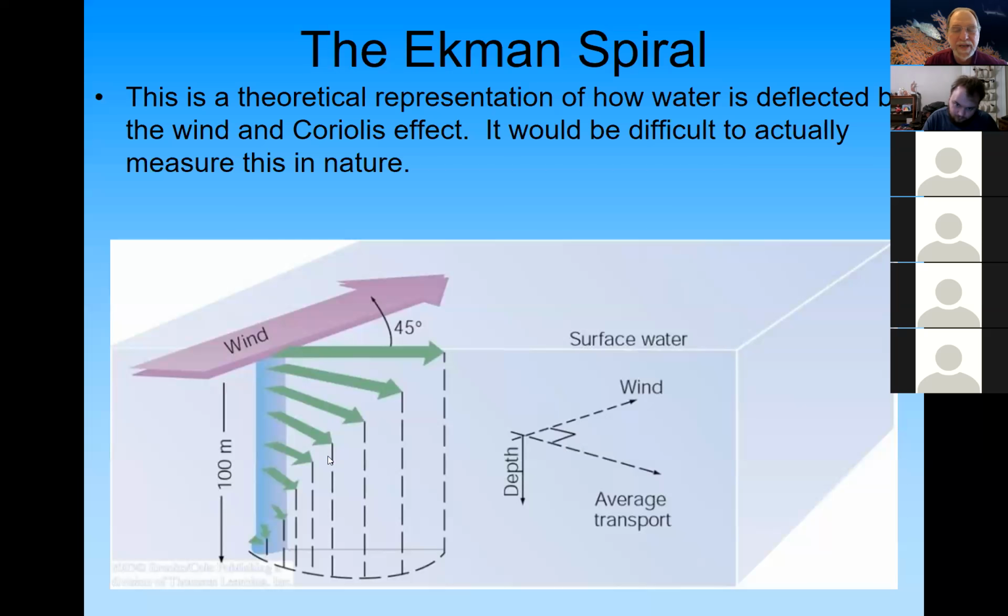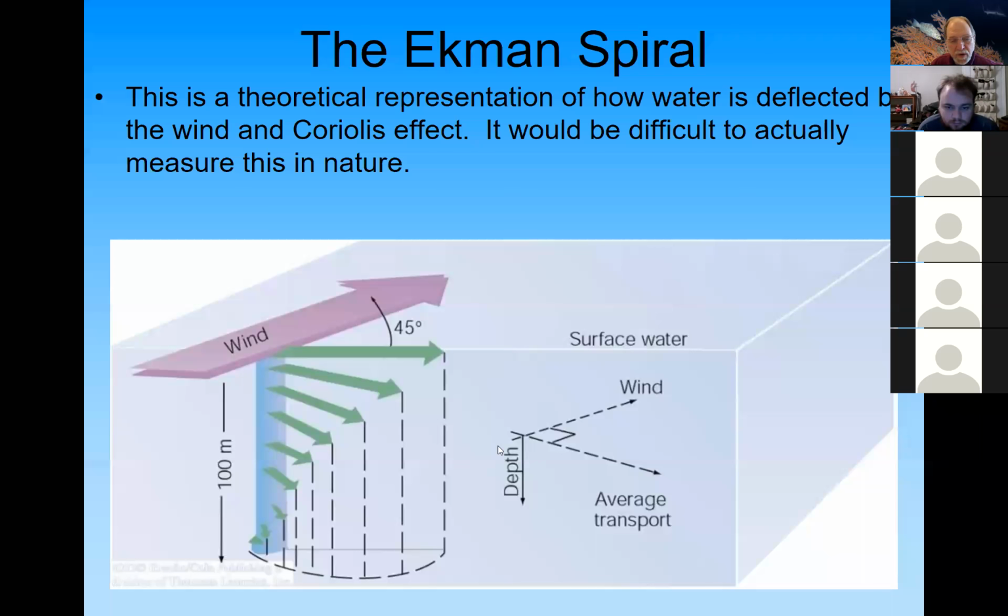In practical terms, that would be an extremely difficult set of measurements to make. However, we can be certain that that's what's happening, because when we look at larger scales at the motion of water induced by wind, we find that this right angle, 90 degrees to the right of the wind, is consistent across large scale measurements. Okay.